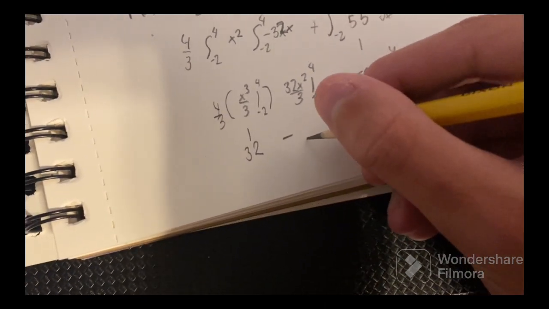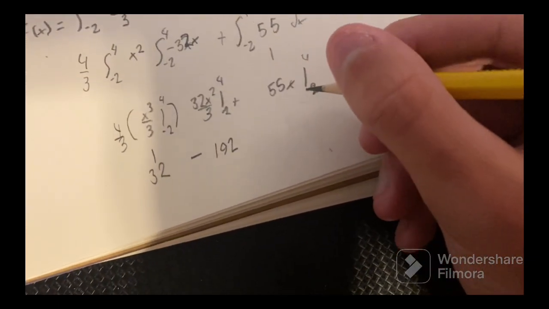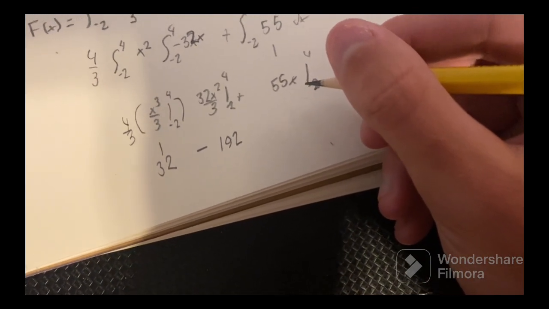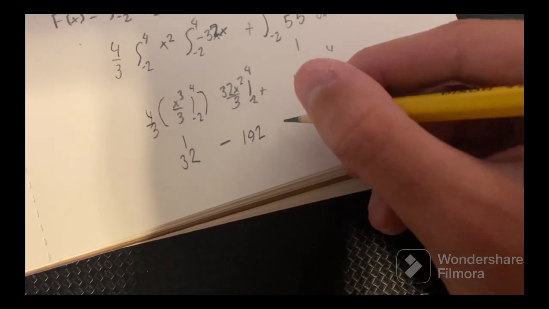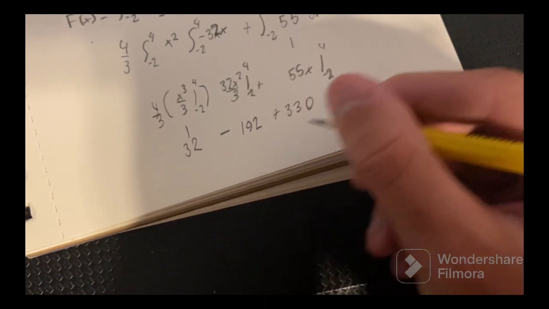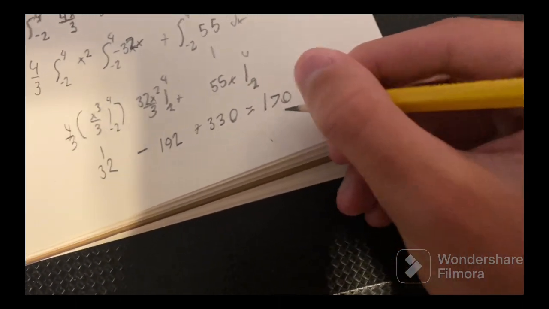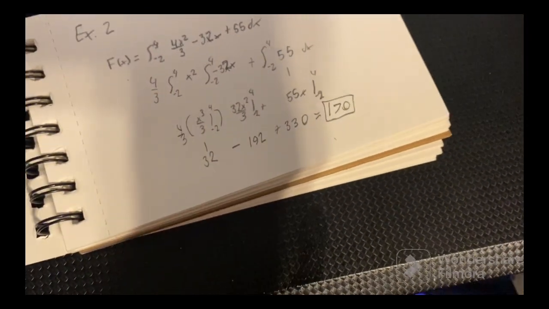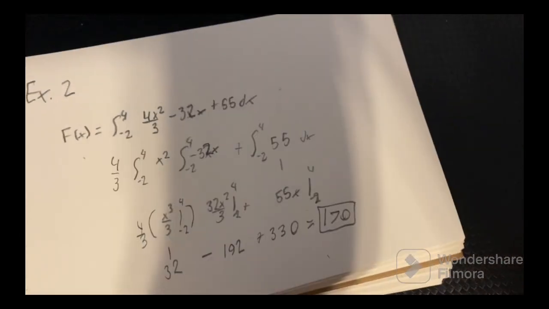That is 192. And then this kicker, -2 and then 4. So we're going to do half, so just multiply it by, that's 330. And adding all that up, doing all that, that'll give us 170, and that is our answer. So that is a complicated one. We are able to use the fundamental theorem of calculus to solve that.